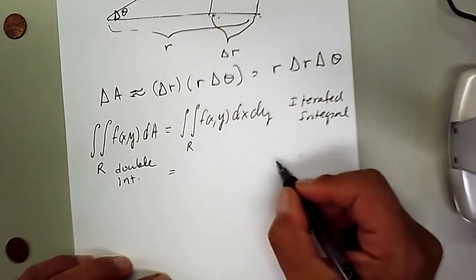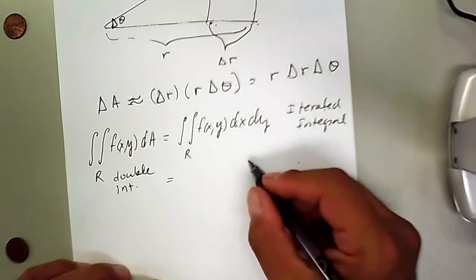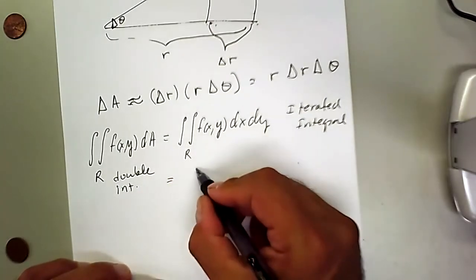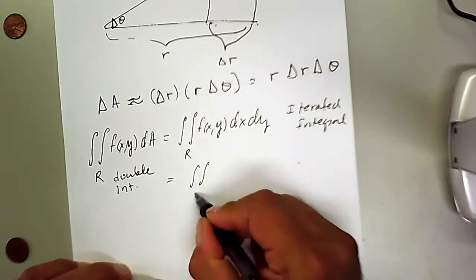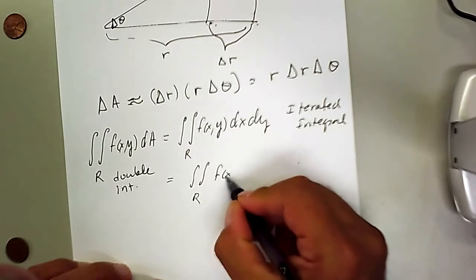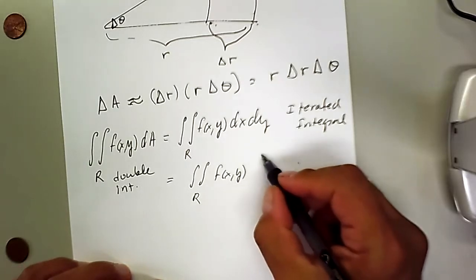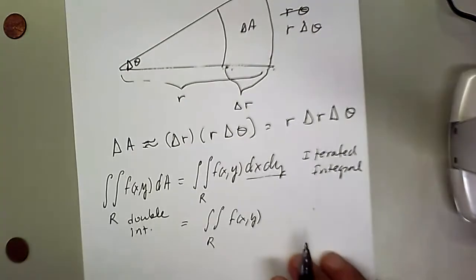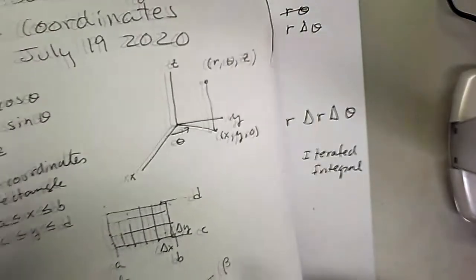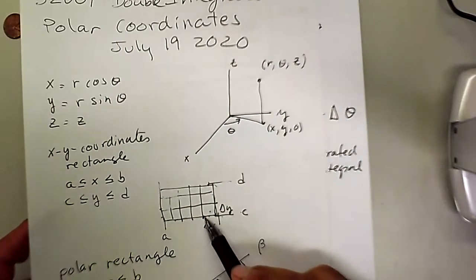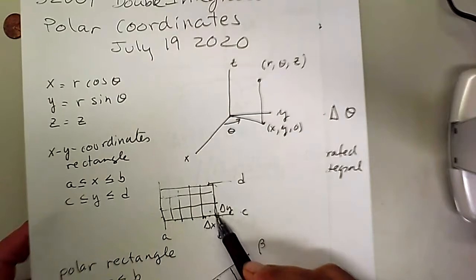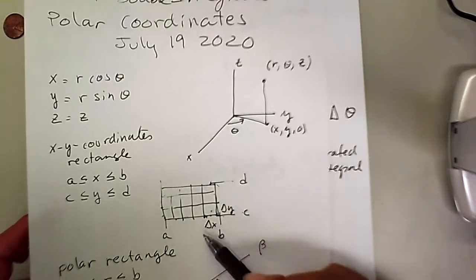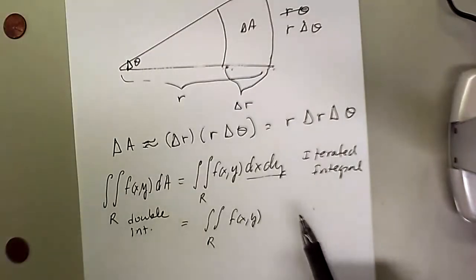Well, if we're using polar coordinates, no problem. We have the double integral over the same region of the same function. But instead of having dx dy, and the reason we have dx dy is because a little rectangle's area is delta x times delta y, so when we take the limit, we turn those into differentials.